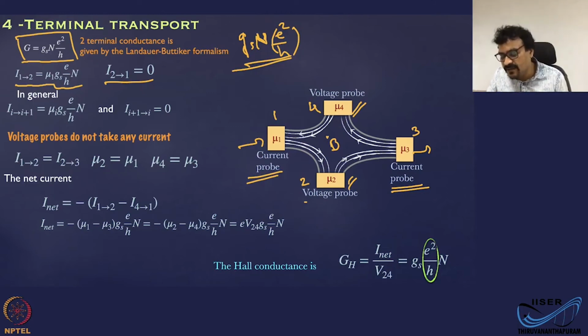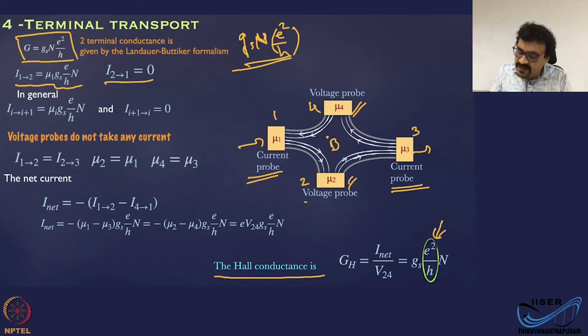I net divided by V24 is Gs e squared by h into N, because this e into this e is going to give e squared by h into N. So what you are seeing here is that the Hall conductance is given by e squared by h into the degeneracy Gs into N, where N is the number of channels, which is nothing but the number of Landau levels in this case.